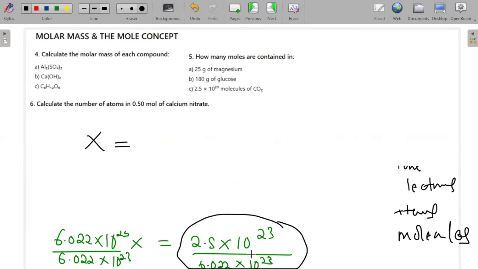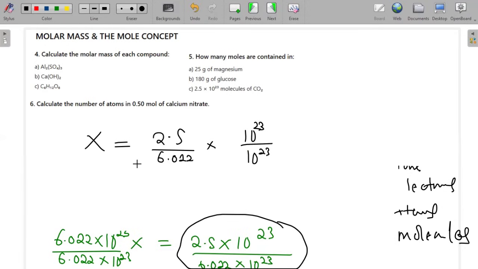I can show you a good trick for dividing such numbers. These ones that have 10 to the power something, you separate them from the numbers. So it will be 2.5 over 6.022, then multiplied by 10 to the power 23 divided by 10 to the power 23.